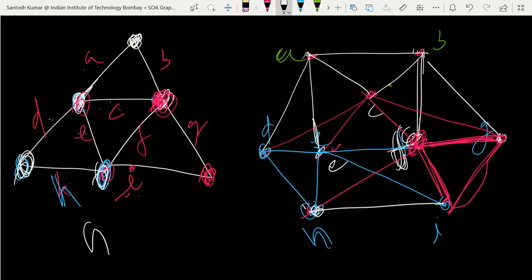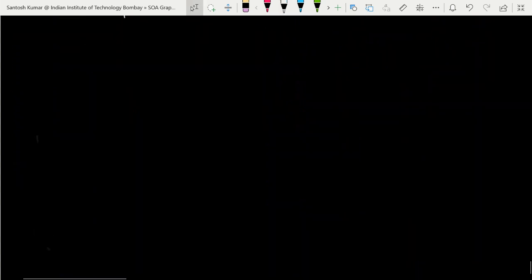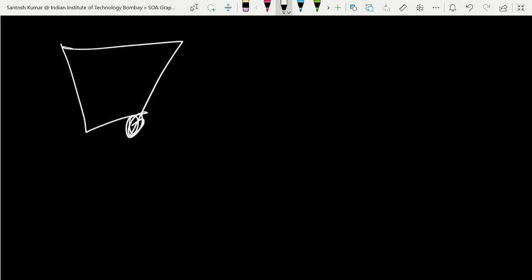I will share with G. That's all. Similarly, you can do it for the other graph, and I hope everyone can do it easily.